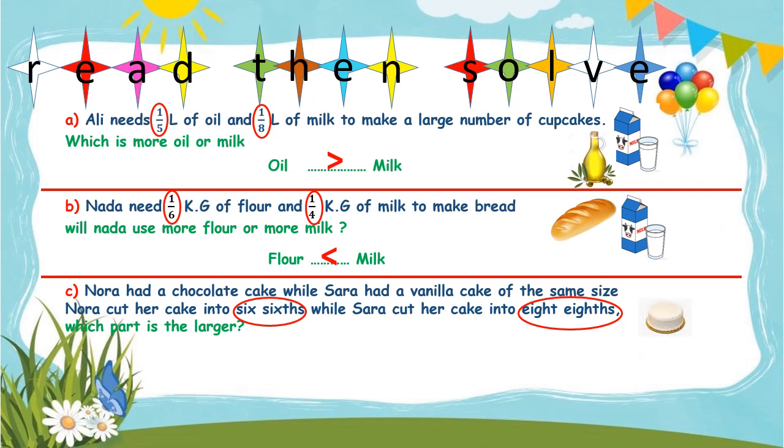Which part is larger? 6/6 or 8/8? We know the fraction will be big if the denominator is small. So 6 is smaller than 8. So the part of the chocolate cake will be greater than the part of the vanilla cake. Excellent.